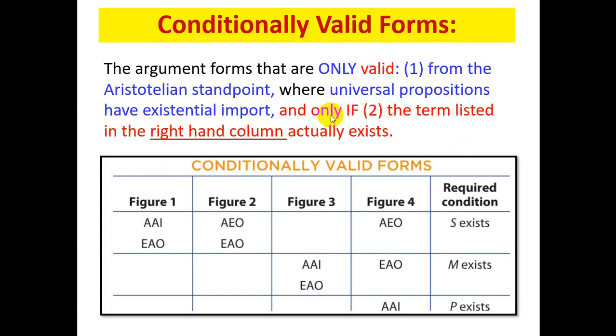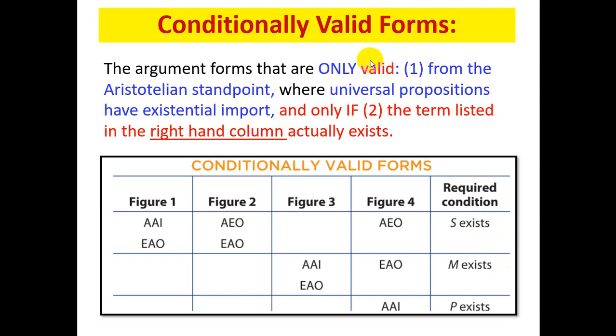We have also the 9 valid forms, but they are conditionally valid, because they are only valid if the term listed in the right column here actually exists, because as we stated before, we have the Aristotelian standpoint.